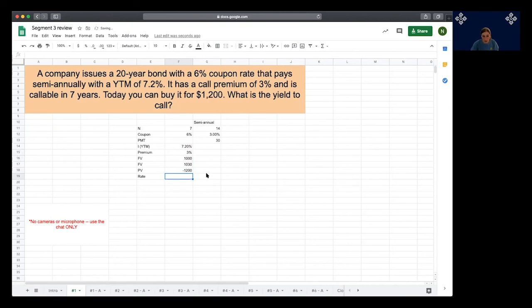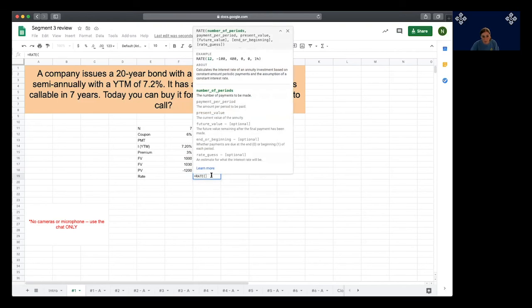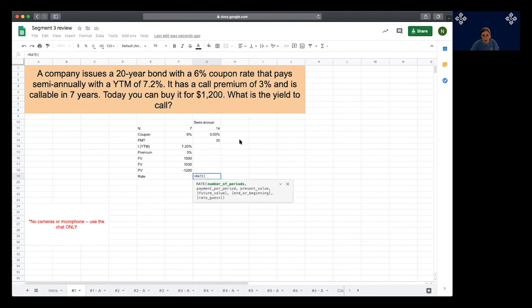Now when you're finding your rate, I'm going to do it in this column because you know it's going to be a semi-annual rate since we have it all adjusted. So when you type in rate, it's going to be number of periods first, your payment, your present value, and your future value.